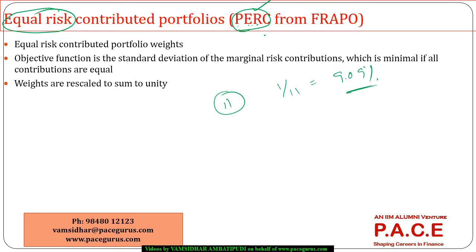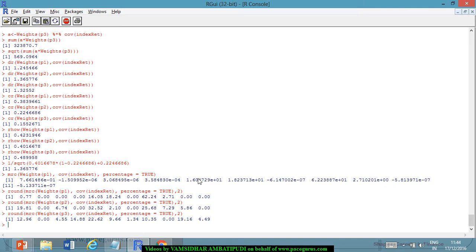So here we are looking at the marginal risk contributions. Each one should contribute exactly 9.09%. The other way, when I do an MRC of this particular portfolio, based on the weights that I am taking, the marginal contribution to the overall risk should exactly come out as 9.09% for each of the 11 sectors. And that is what this PERC function is going to do for me.